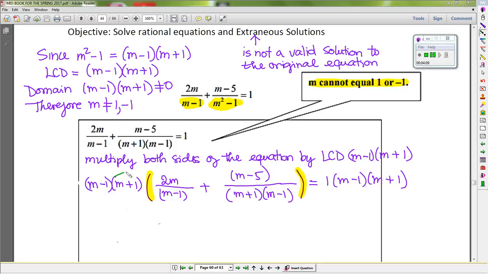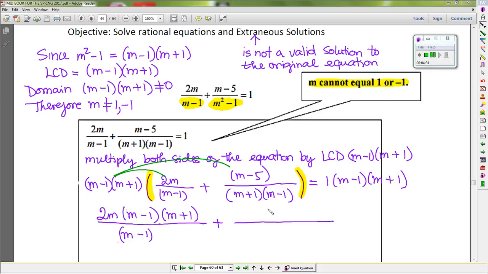Okay, the next step, we're going to distribute. So we have 2m times m minus 1 times m plus 1 over m minus 1, that's the first fraction.